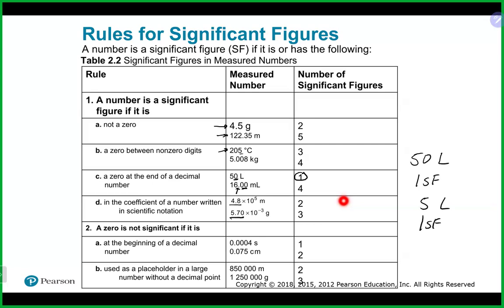So again, here we don't want to drop the 0 thinking it's only one significant figure, because we now definitely change the meaning of those two values, right? Because there's a big difference. So that's also, as we'll talk about shortly, something to keep in mind. In an effort to get the right number of significant figures, you definitely don't want to do some crazy rounding and change the meaning of the number by doing so.